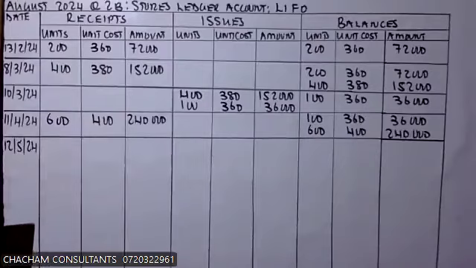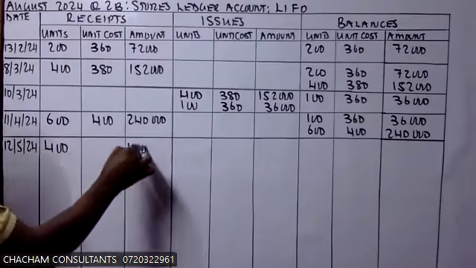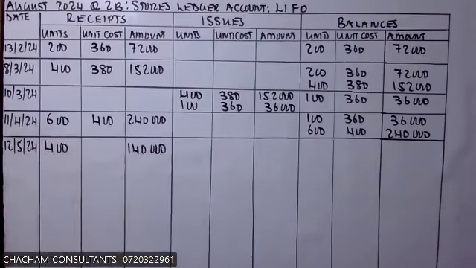On 12th of May, we purchased 400 at 140,000. So tell me, per unit here, ni ngapi? $350.